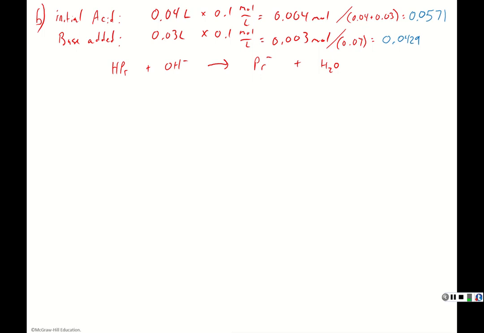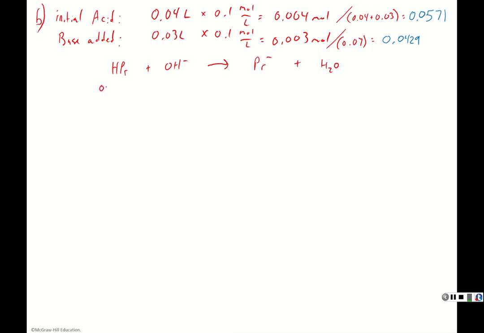So that weak acid, in a sense, is going to eat up the base that's added and be converted to its conjugate base. So you can keep track of this in terms of either the moles, the number of moles, or you can do the concentration. So we'll do both. And you'll see that they're actually the same.